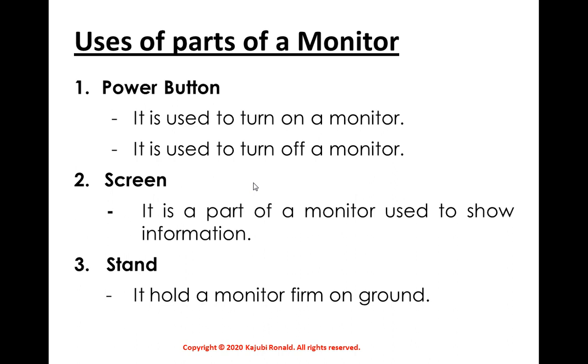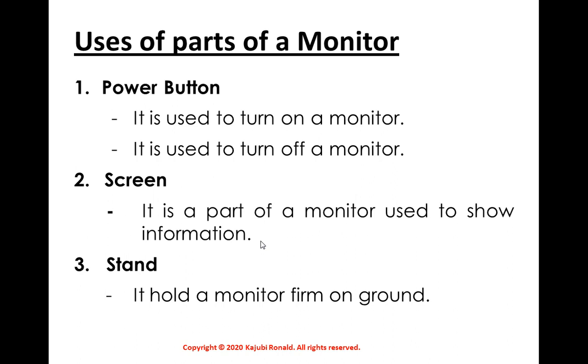A screen is a part of a monitor used to show information. So a screen is a part of a monitor used for showing or for displaying information. A stand helps a monitor to stand on the ground firmly.